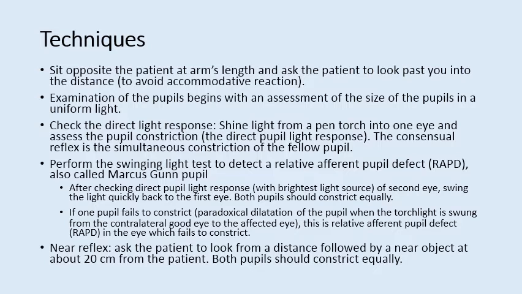You ask the patient to look at a distance followed by a near object at about 20 cm from the patient, and then you shine the torch at the face to observe whether both pupils constrict equally or not.